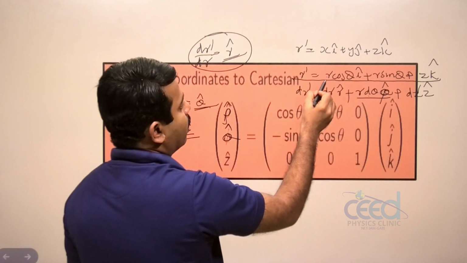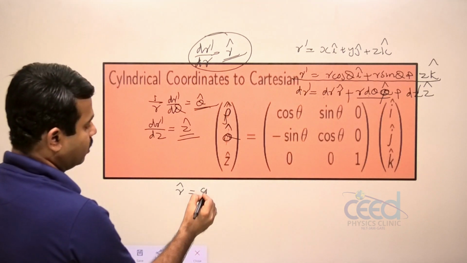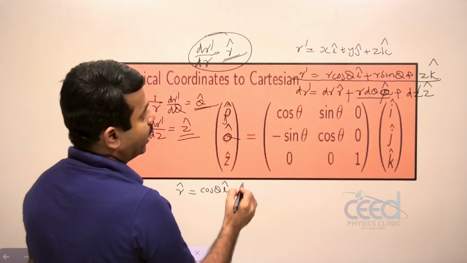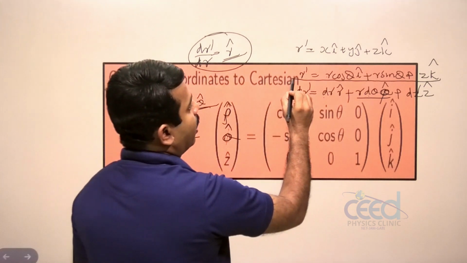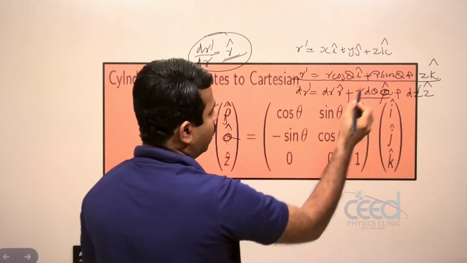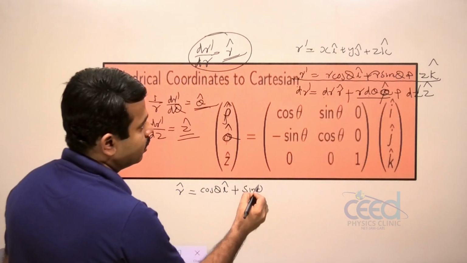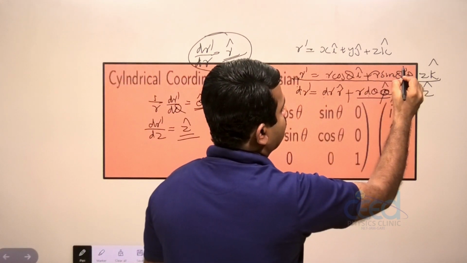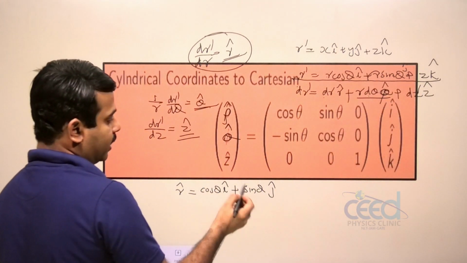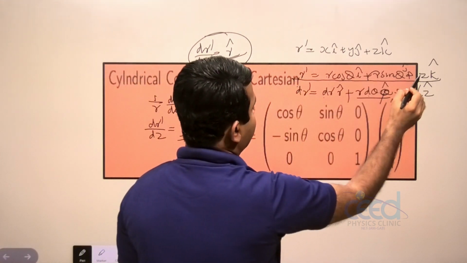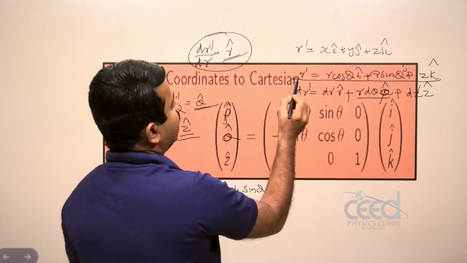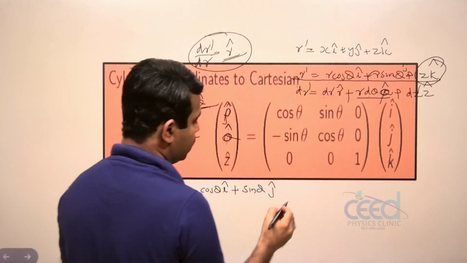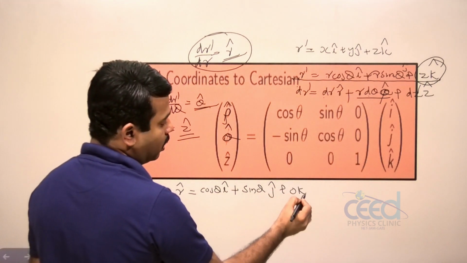With respect to r, doing 1, what is remaining? cos θ, i cap, plus with respect to r, doing 1, remaining sin θ, j cap. And with respect to z, there is no r component, so this part is 0, then 0 k cap, right.